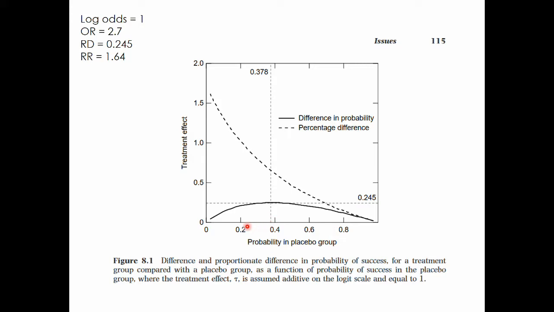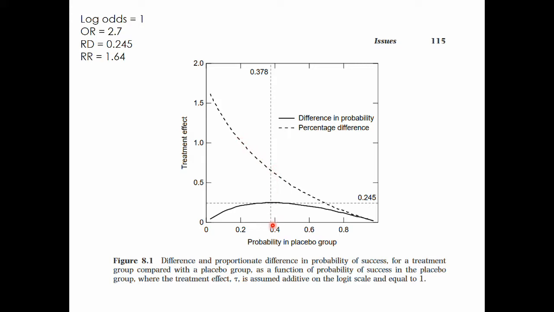So if you were doing a trial and as it happened the event was fairly rare in your placebo group, we think about if you had a group that was not intervened on, your natural population, and the probability of this event occurring was 0.2, then for this effect of the drug, it would be just here around 0.23 if you were on a risk difference, or overall the relative risk would be something like 2.